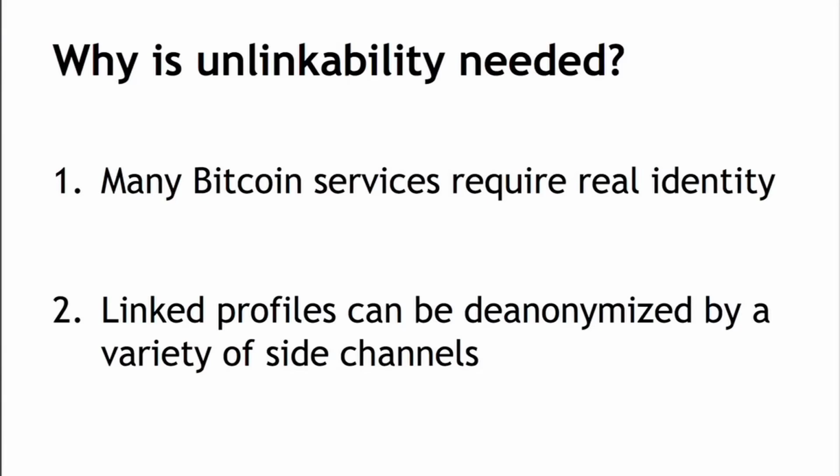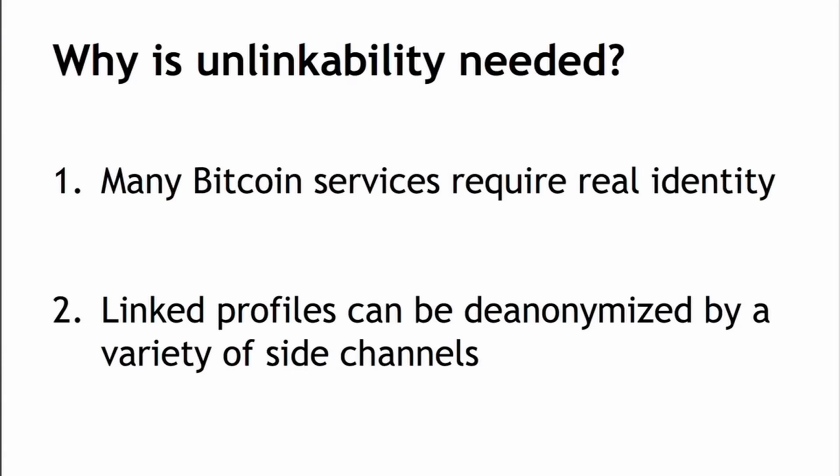And also, even if such a direct linkage doesn't happen, these linked profiles can be de-anonymized due to side channels. What do I mean by side channels? Well, here's something that I find intriguing that might seem like a tall claim, but in fact such things have been known to happen.